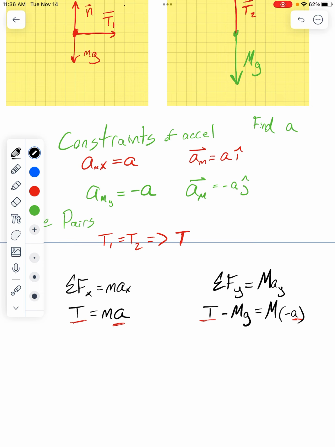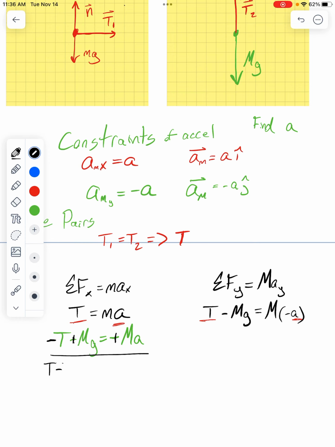So you know what I like to do here if you watch the other video, which you should have, otherwise what are you doing here? And we've got T minus Mg is equal to, I'm going to write this as negative Ma. And just like before, I'm going to subtract this equation by switching the sign of each term and then adding these two rows together.